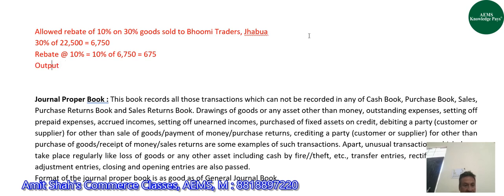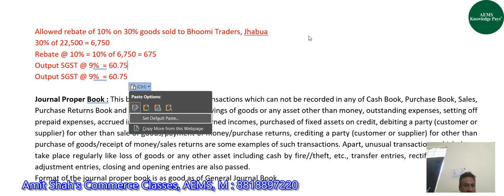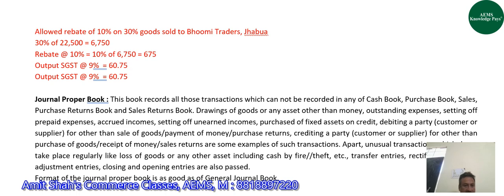Now here we will have output SGST and output CGST at the rate of 9%. So 9% of 675 is how much? 67.5 minus 6.75. That is 60.75. And the same is output CGST.